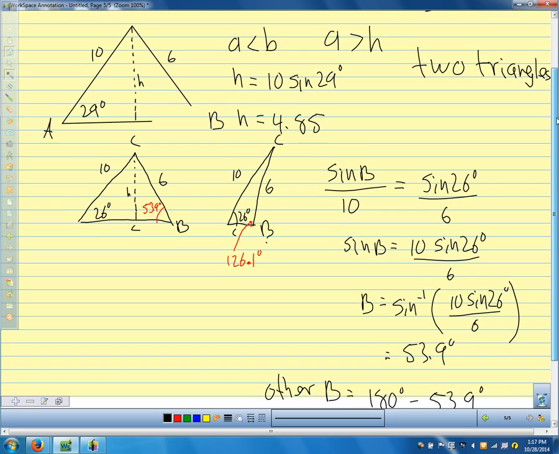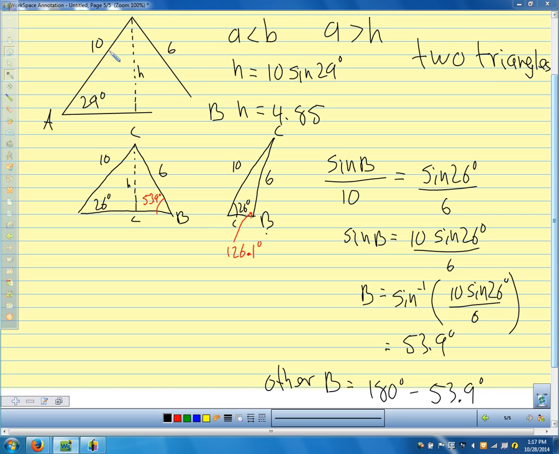So we got the ambiguous case here because A was less than B, but A was larger than the height. So I can connect somewhere over here, and I can swing that side around and connect somewhere over here. So when we have these two possible triangles, we call that the ambiguous case, because we don't know if we're talking about one or the other.